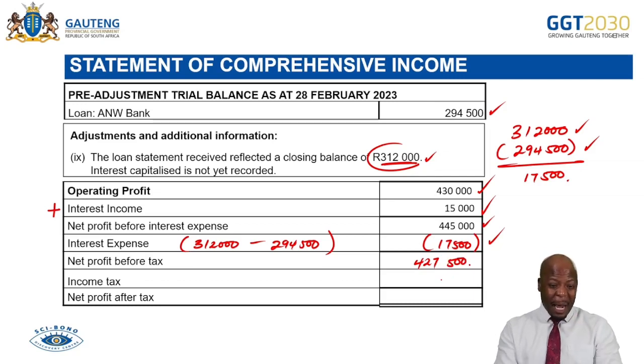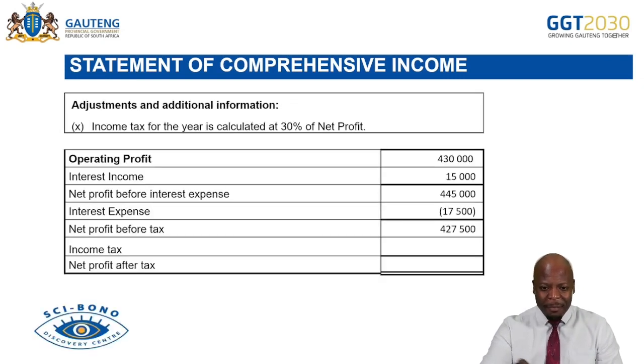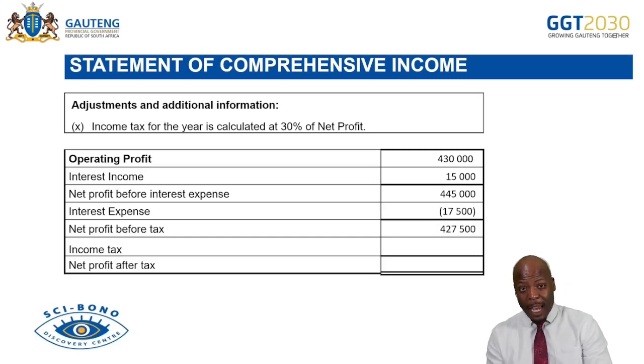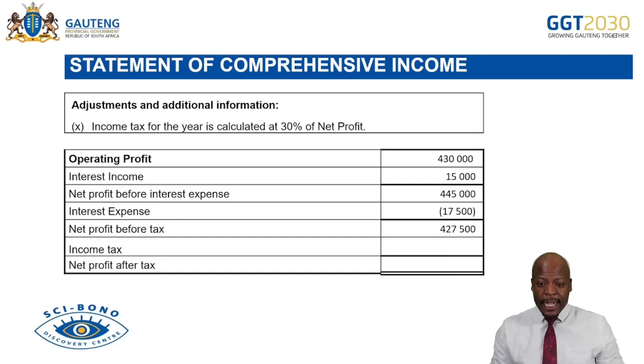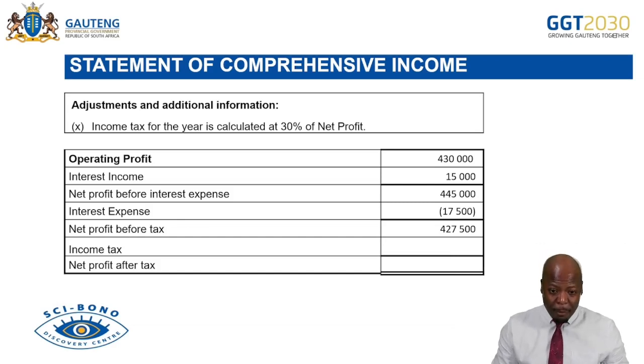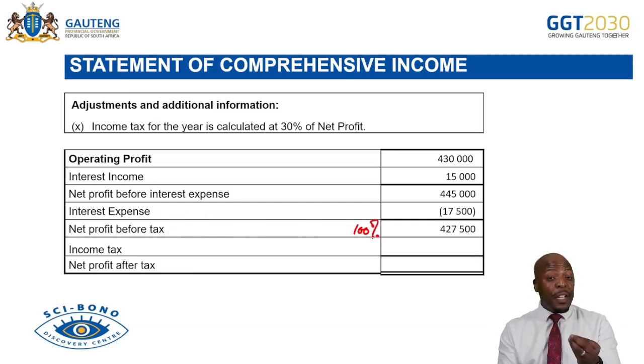I think you know what's going to come now. Definitely, we have to look at our income tax. It says income tax for the year is calculated at 30% of net profit. So net profit before tax is 100%.